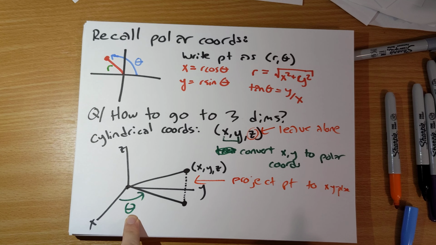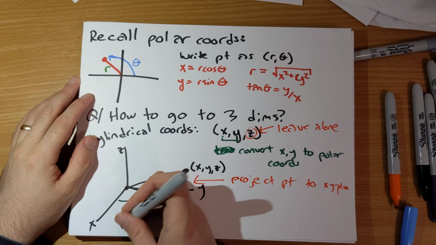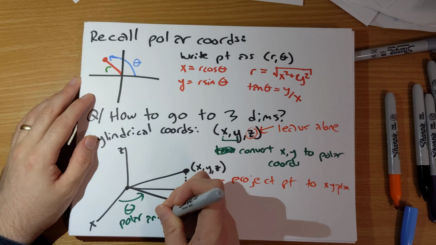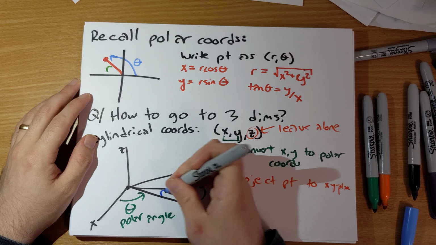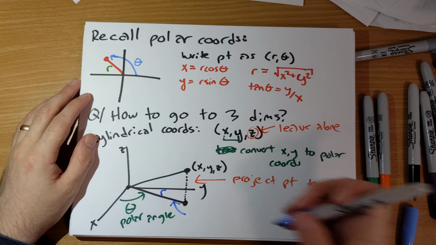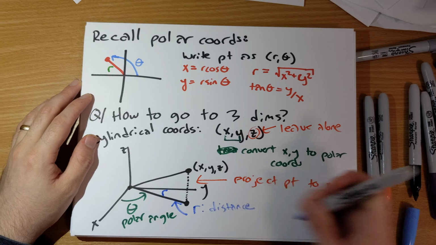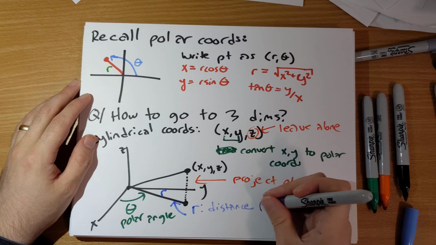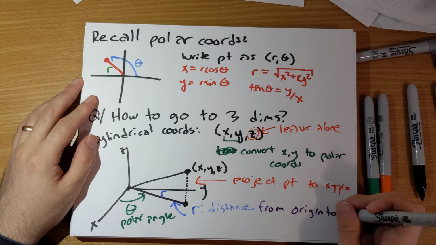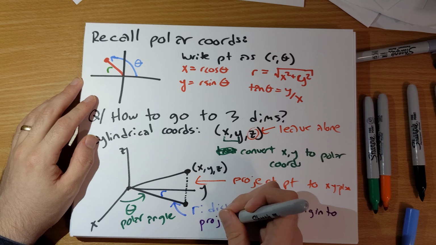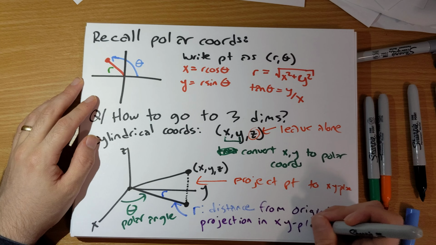Theta is just going to be the polar angle in the xy plane, and then r is going to be the distance from the origin to the projection in the xy plane.